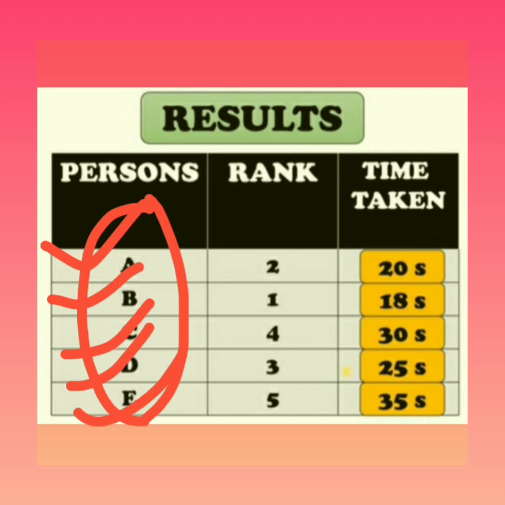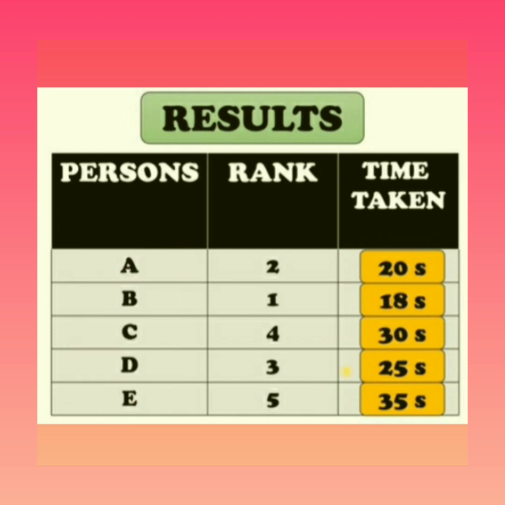So these persons are taking part in a race. They have taken the time: A 20 seconds, B 18 seconds, C 30 seconds, D 25 seconds, and E 35 seconds. Then we can recognize here who is the faster one.